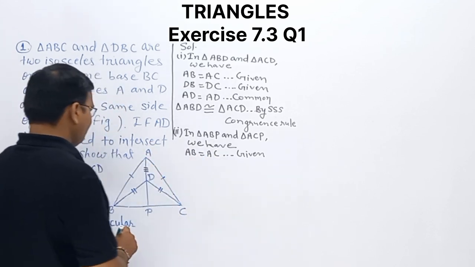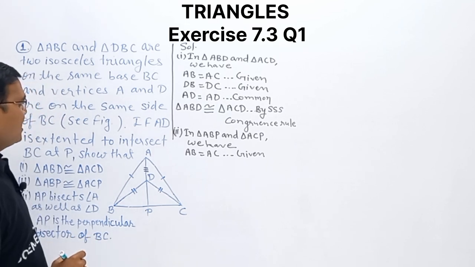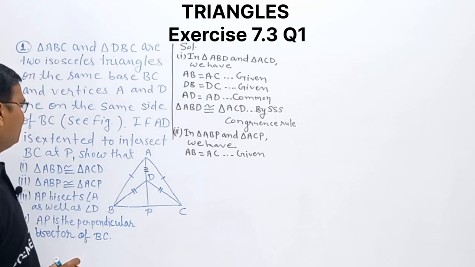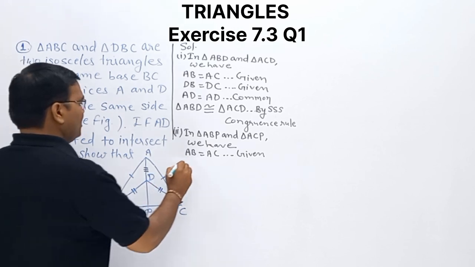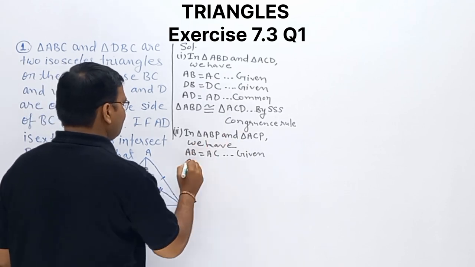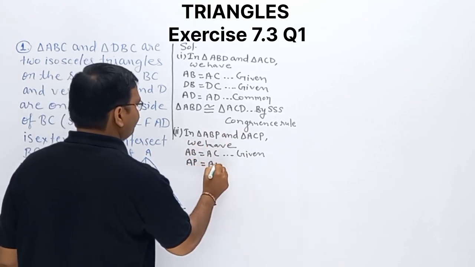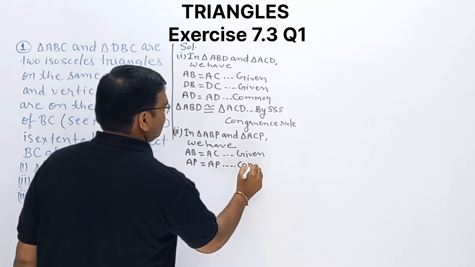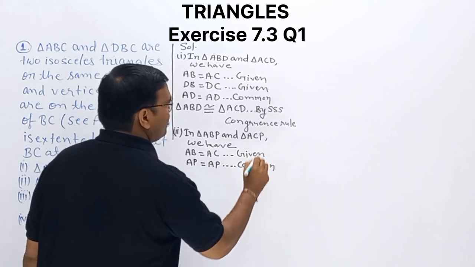Now next thing, in both triangles another thing we can observe: AP is common. AP in both triangles, AP is common.